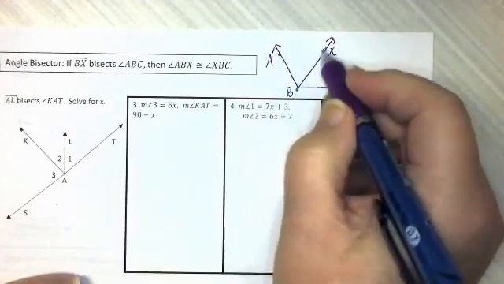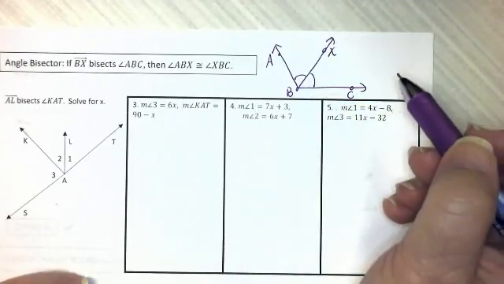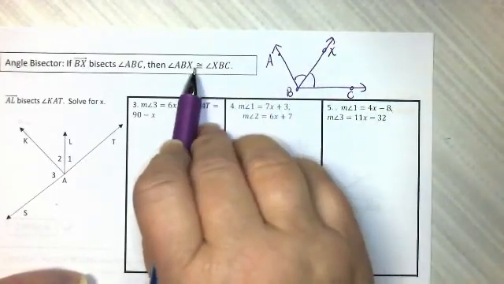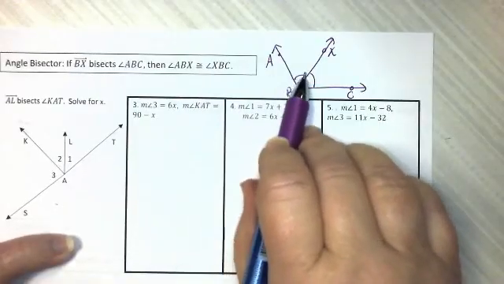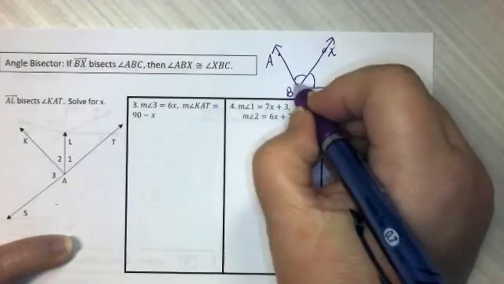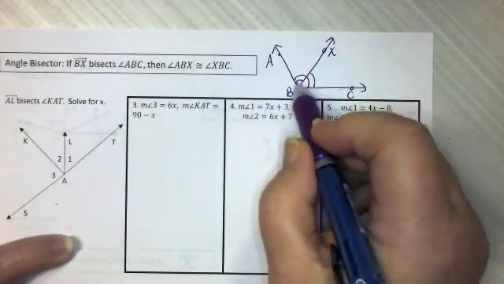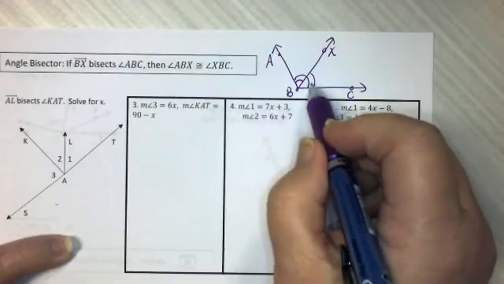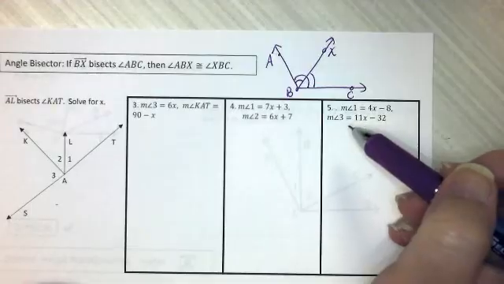That means that angle ABX and angle XBC are congruent. There's the congruent symbol, the equals with the little squiggly. And the way we show that angles are congruent is we give them the same little arcs. Sometimes you'll see this one has 2 arcs, this one has 2 arcs. That means they're the same. So if their markings are the same, those angles are congruent. But that's what a bisector does, cuts it into 2 equal parts.